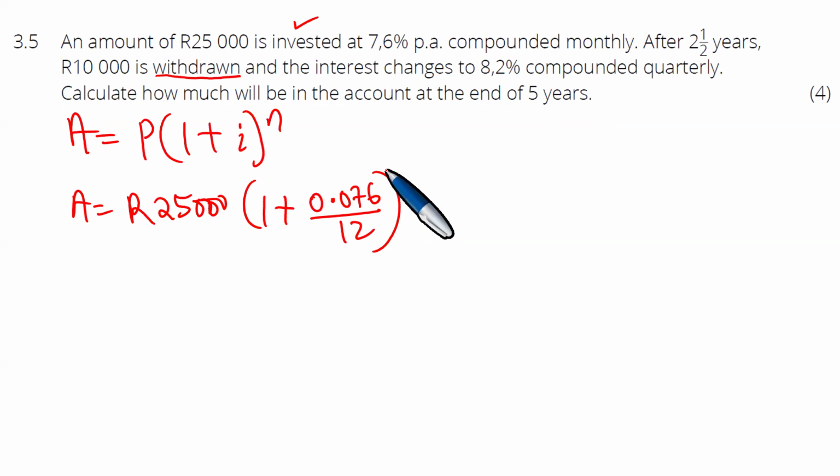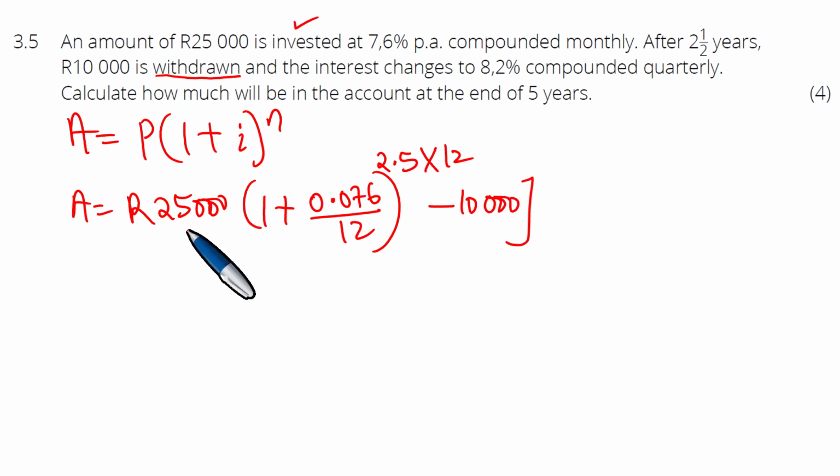So it's invested, and now we agree that this is going to happen in 2.5 years, meaning that you have 2.5 years, and then you multiply that by 12 months, or 12 compounding times a year. 10,000 is withdrawn, and the interest rate changes to 8.2% compounded quarterly. 0.082.